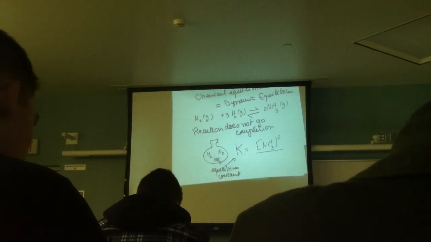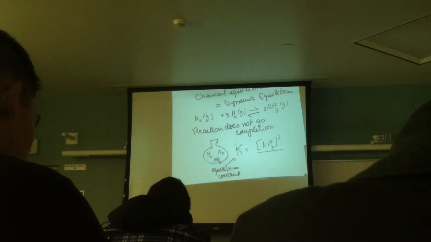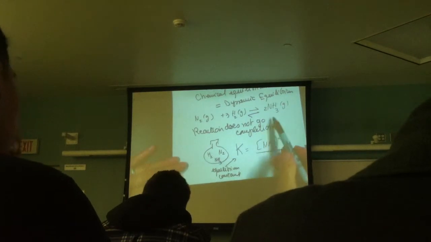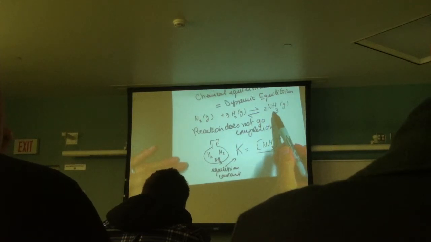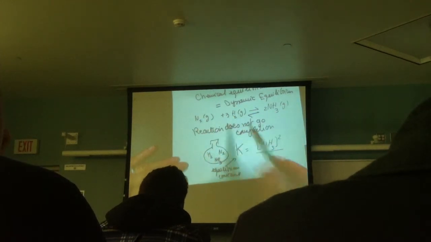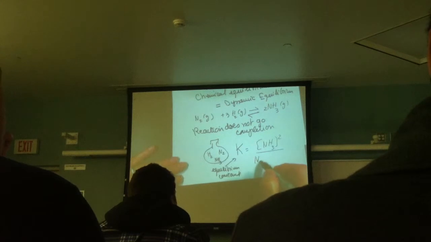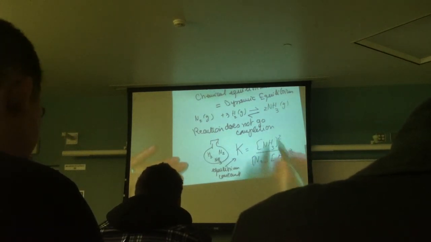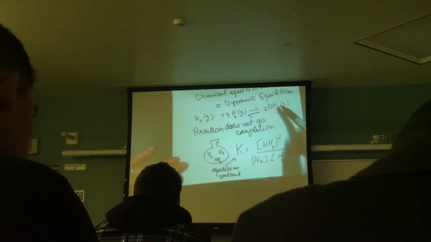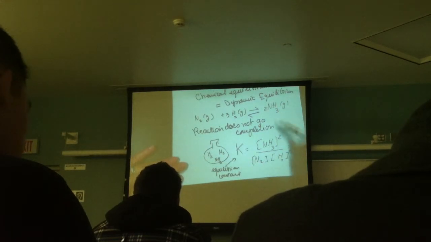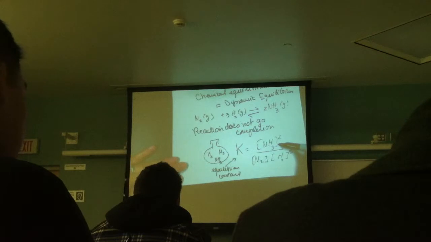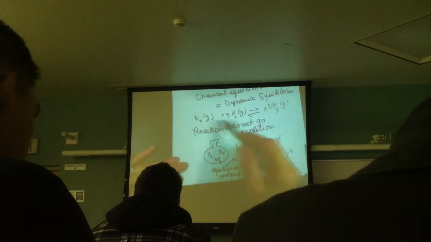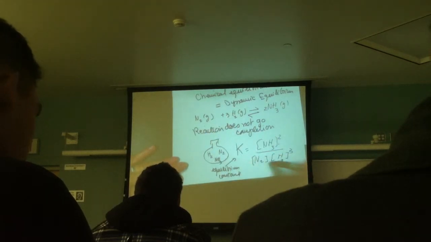The equilibrium constant tells me the relationship between the amount of ammonia and the amount of nitrogen and hydrogen. We express it in this form. We put what we have on the right, always, on the top. What we have on the left, always, we put at the bottom.